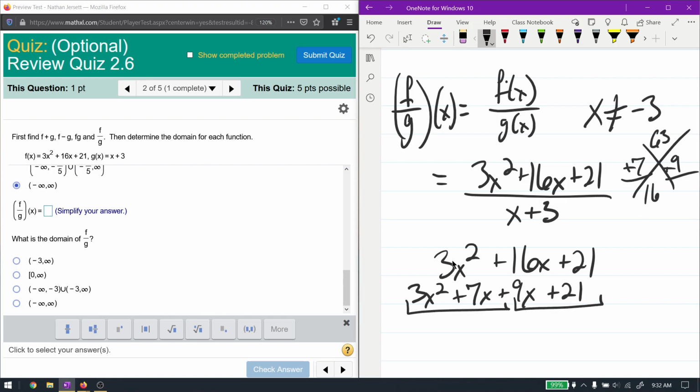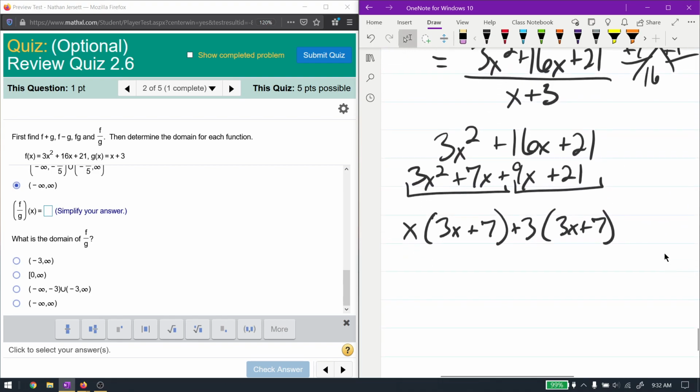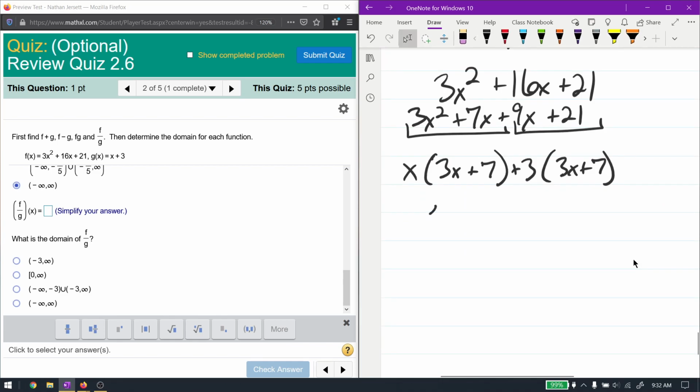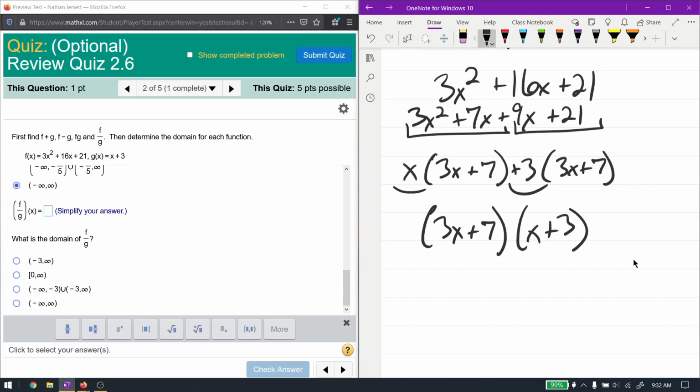Out of the first two terms and the last two terms, we get x(3x plus 7) and positive 3(3x plus 7). And now we get 3x plus 7 times x plus 3. That's the factored form of the top.